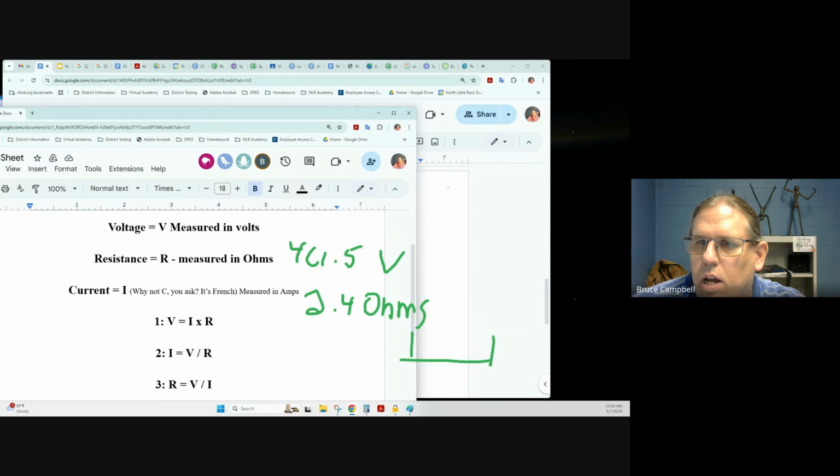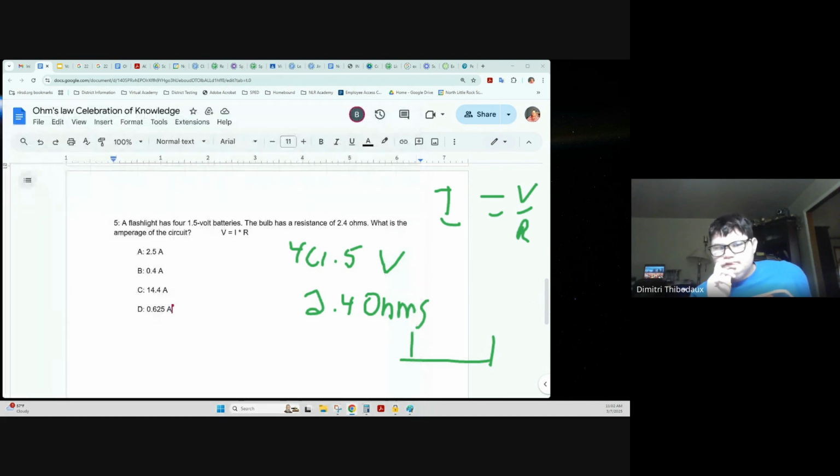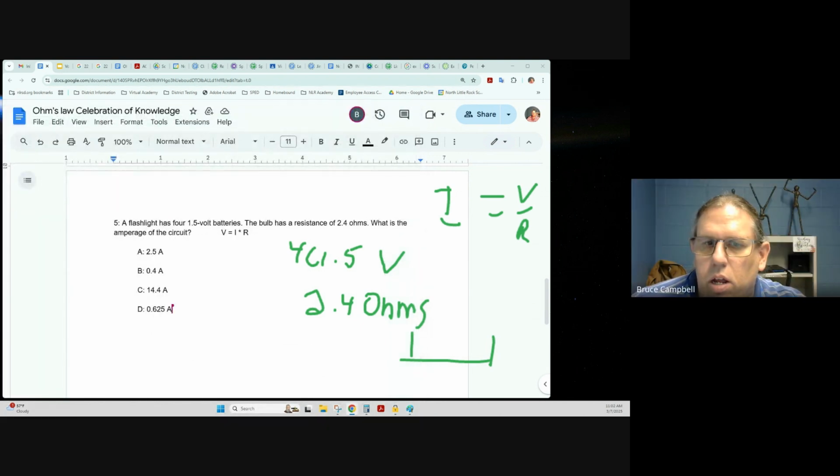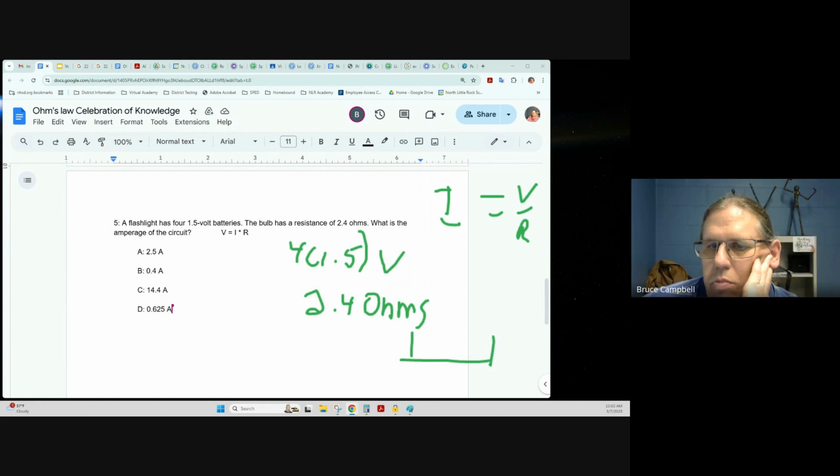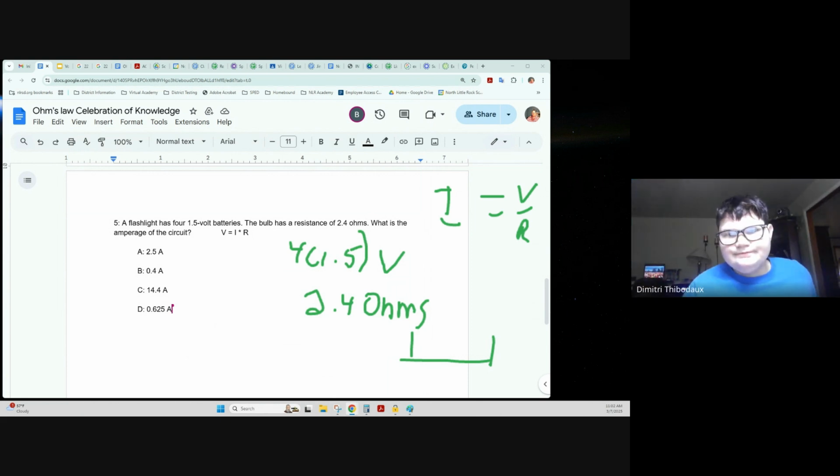So I equals V divided by R, right? Yes. Okay. And somebody said it's B, so let's take a look at that. First of all, we have to figure out how many volts are completely going through here. Somebody give me a calculator for 1.5 times 4. I got it.